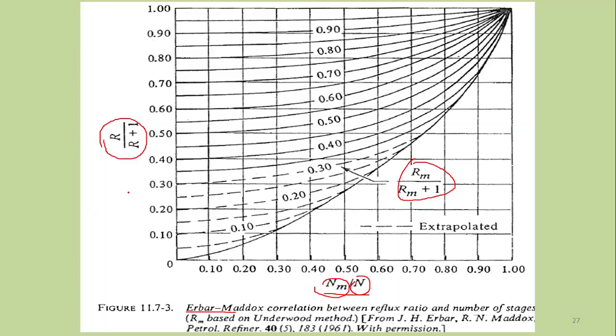There will be a relation between Rm and R: it is usually given that R is 1.2 times Rm. So R upon 1 plus R is also known. If R upon 1 plus R and Rm upon 1 plus Rm are known, then we can find the value of x, so Nm upon N is equal to that value, and then we can find N. In this graph we find the value of N, the number of stages required.